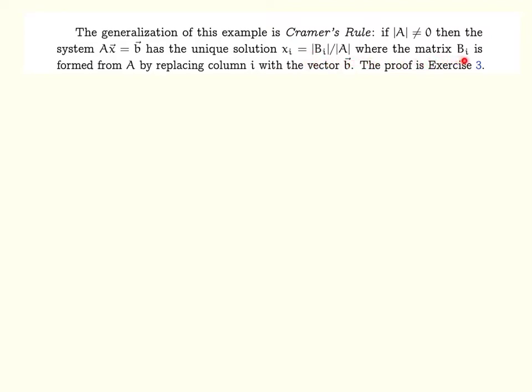Matrix Bi, it's a new matrix. It is formed from A, your original matrix, by replacing column i with the vector B. Alright, what does that mean? So I start off with my matrix A, and I will replace one column with the vector B. Vector B is the right-hand side of my equation. So I'm going to do this many times.